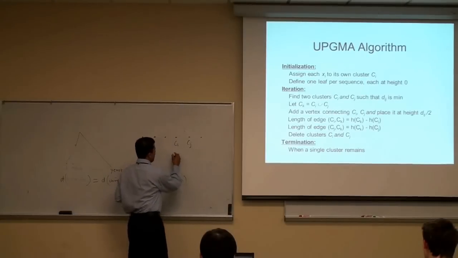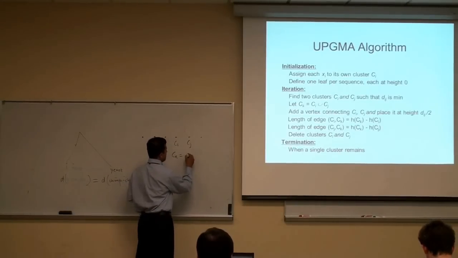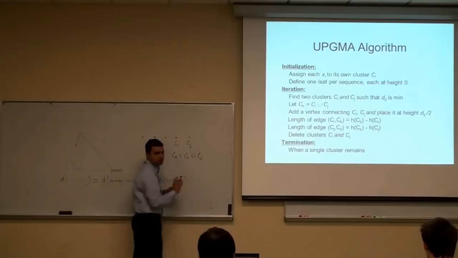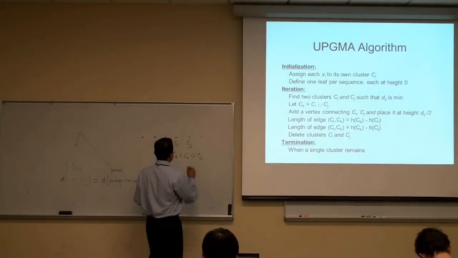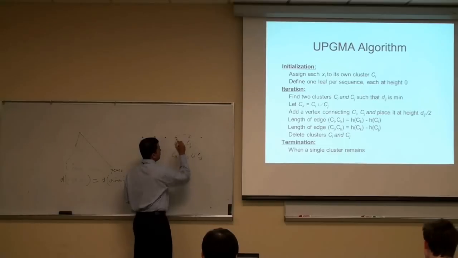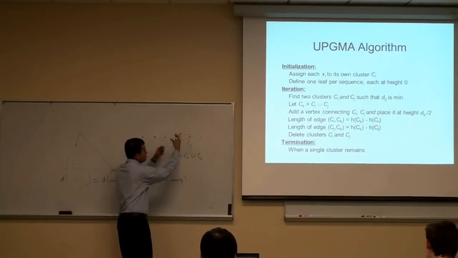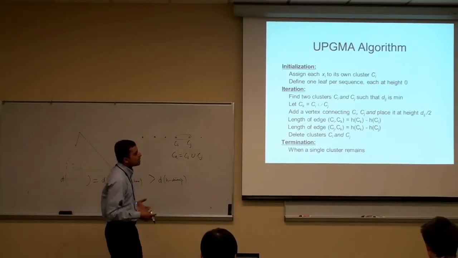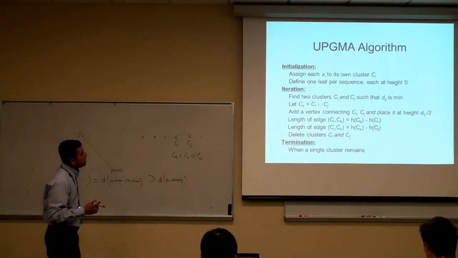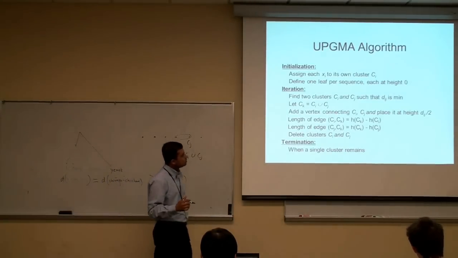Then you define Ck as the union of Ci and Cj. So far, exactly the same as the hierarchical clustering. So in the clustering method, you'll just make this a cluster. But now you'll do something more because you're not interested in clustering, you're interested in drawing a tree. And so you add a vertex to this tree.